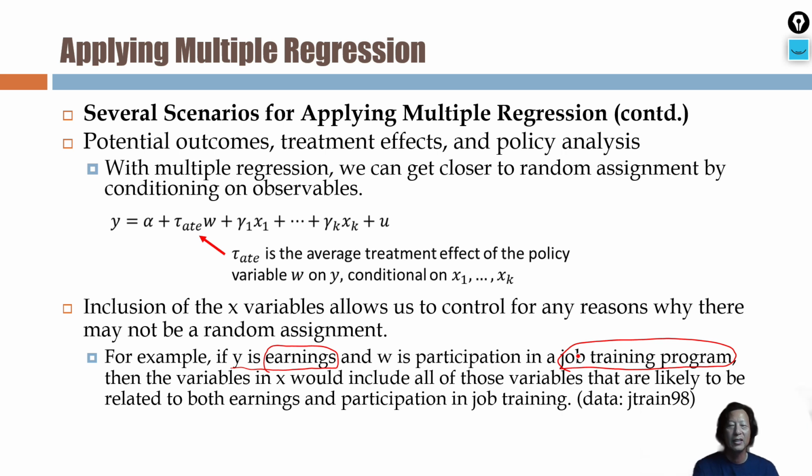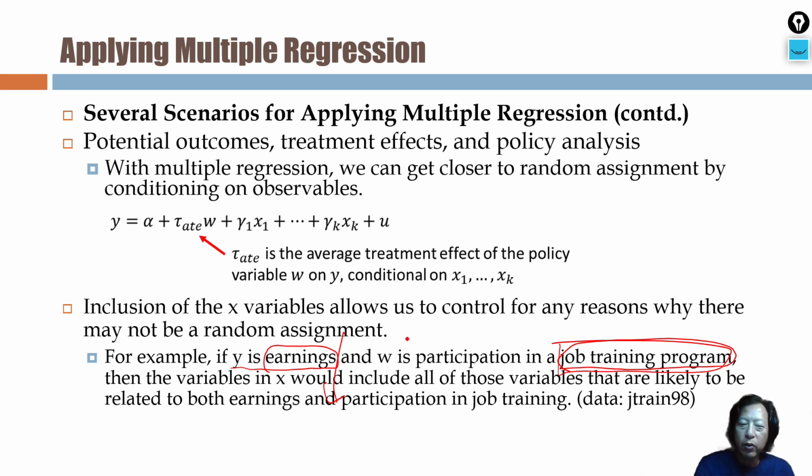Then we cannot actually see what the effect of the job training program is, because when you have a job training program, your earning goes down, because most of the people who earn a lot don't participate in the job training program. So the effect comes out like the job training program will lower the earning.